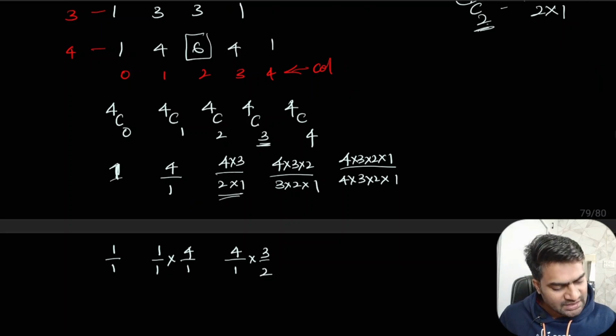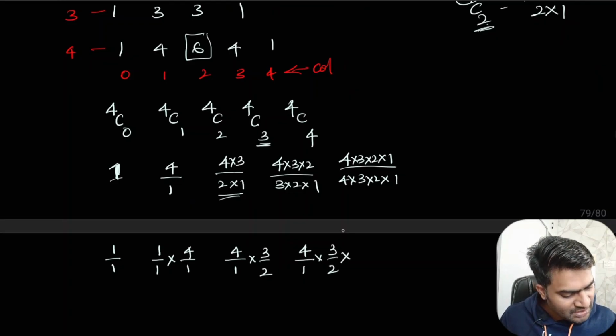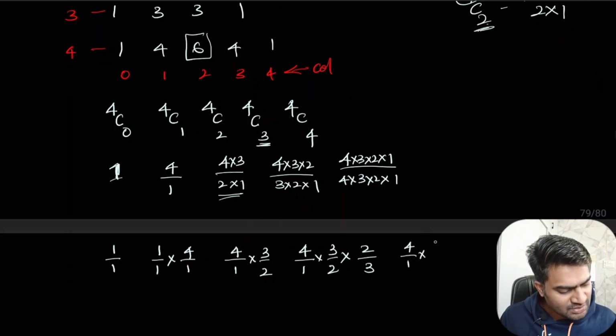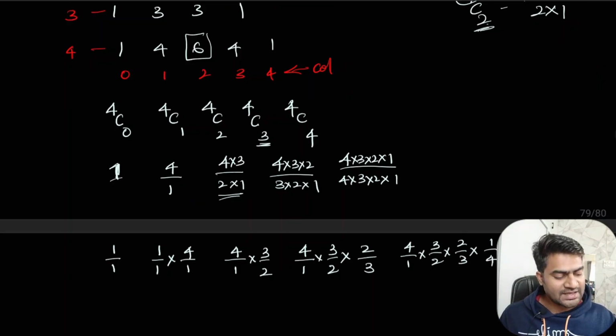Next value I will write 4 divided by 1 into 3 divided by 2 into the last value which is 2 divided by 3, correct, right? Now the last one 4 divided by 1 into 3 divided by 2 into 2 divided by 3 into 1 divided by 4. This is how I rewrite this entire row.